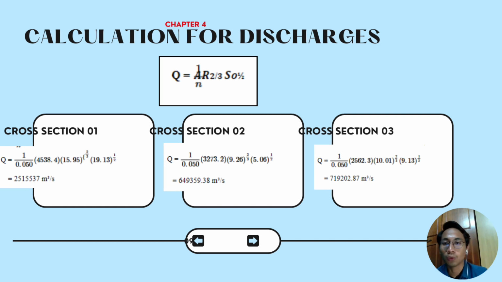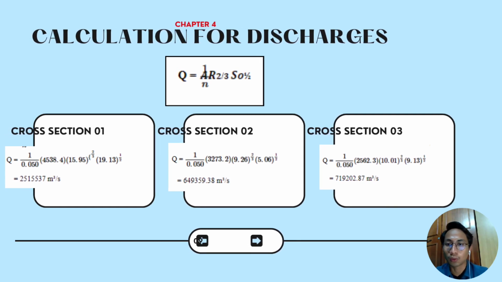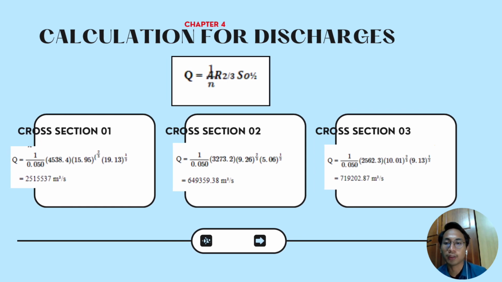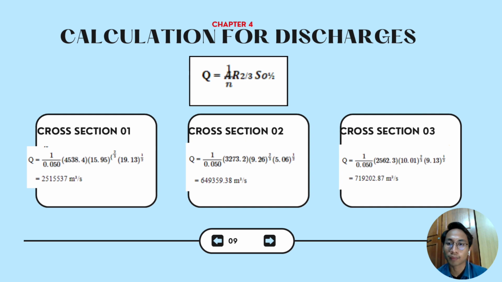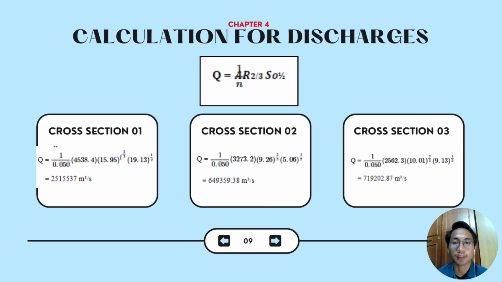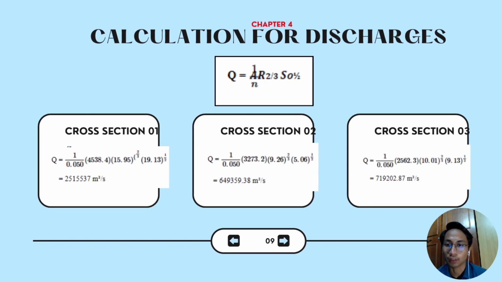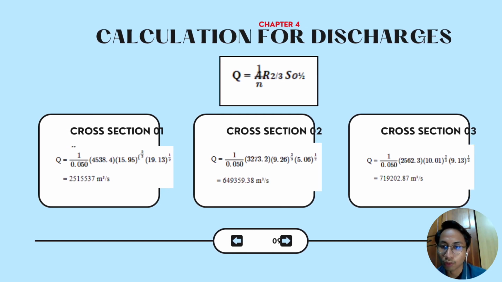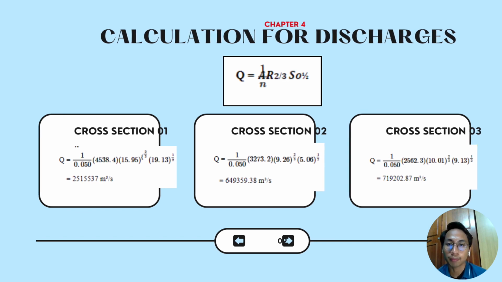After that, we go to the calculation for discharge. We use the same elevation as the slope for this cross section, and we put it into the discharge equation. For cross section 1, we got 251.5537 meters cubed per second.